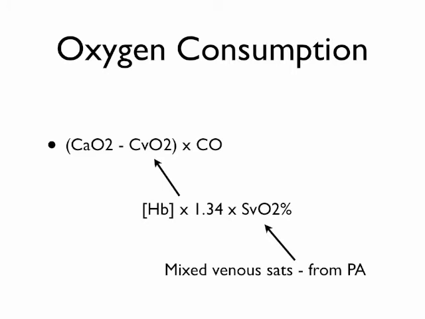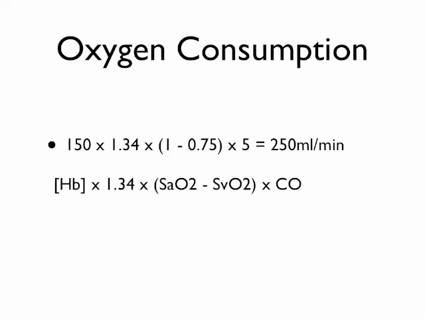So in terms of that mixed venous oxygen content, it's the same equation, but just using the mixed venous saturation from the pulmonary artery blood rather than the arterial saturation. So if we rearrange that equation, take the hemoglobin and the constant out, and use a mixed venous saturation of 75%, then we come up with oxygen consumption of 250 mils a minute.